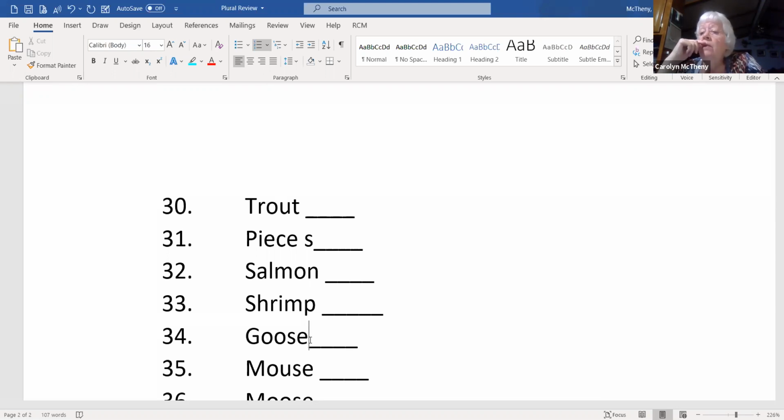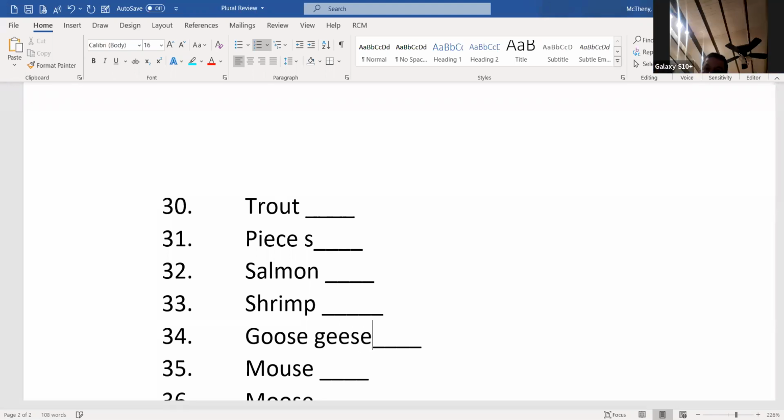These are all tricky words. G-E-E. Yes, geese. Goose is singular. We have 3 geese, or there's a flock of geese. Good.